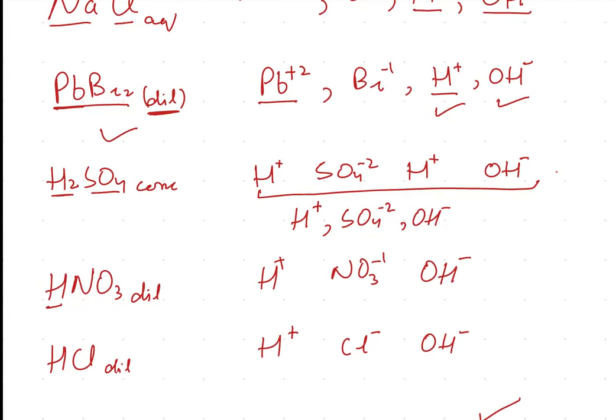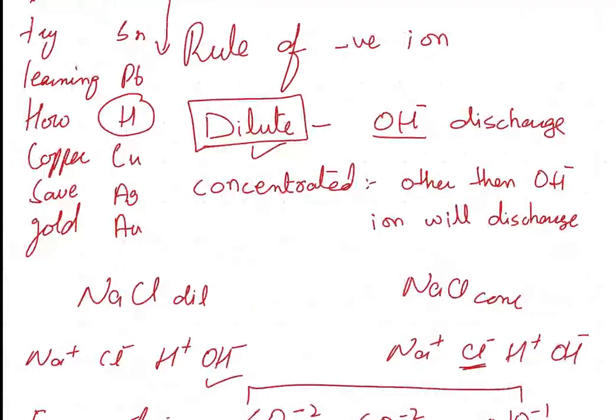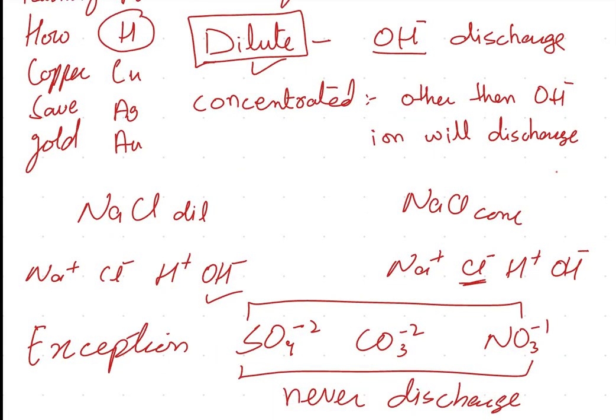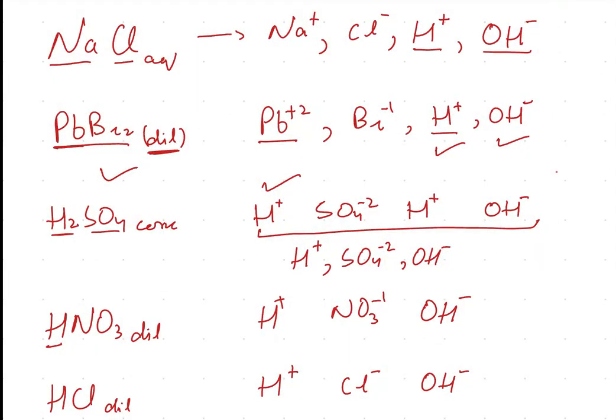Here we have only one positive ion, so hydrogen ion will discharge. But we have the OH negative and SO4 minus 2, and as I told you the SO4, CO3 and NO3 will never be discharged, so the only option we have is OH negative, so it will be discharged.